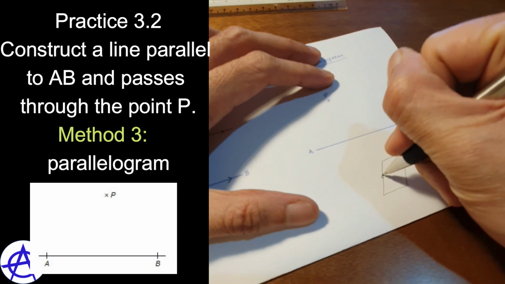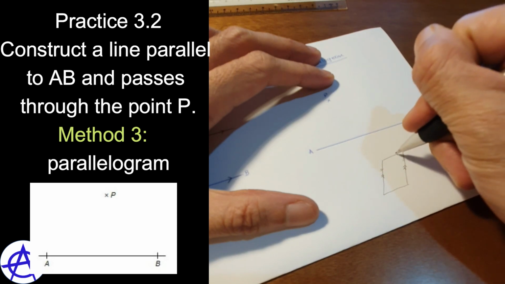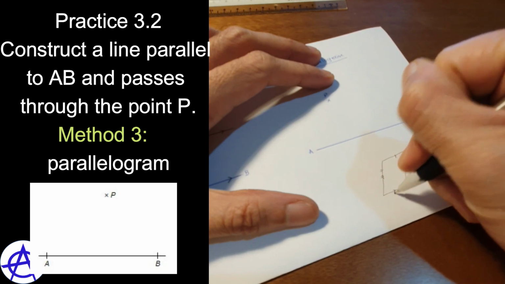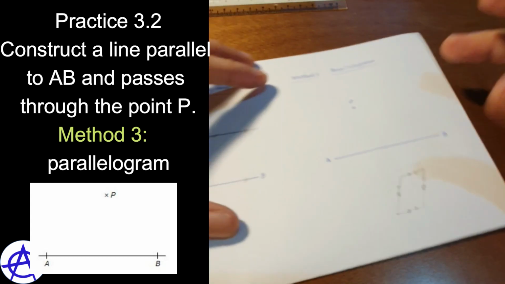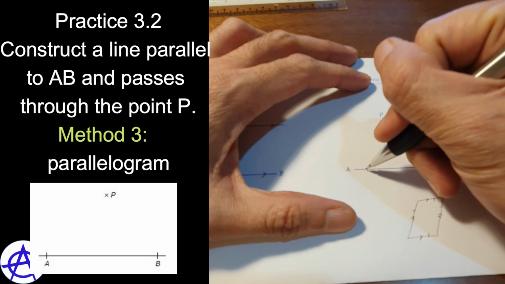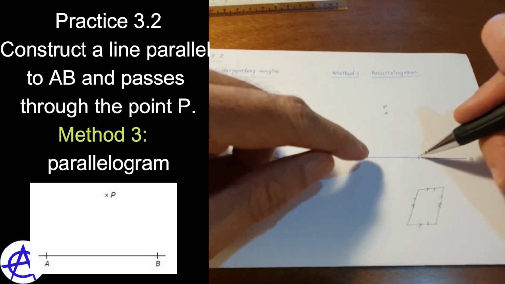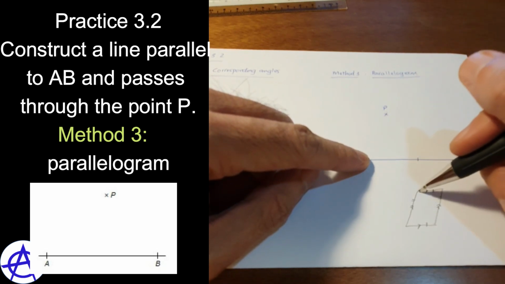Now I simply mark any 2 points on the straight line, and P is somewhere here.